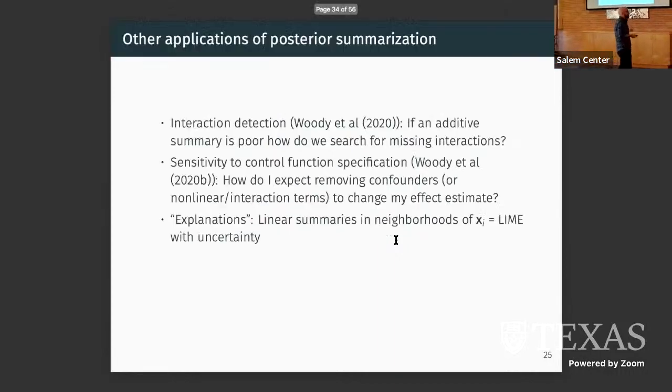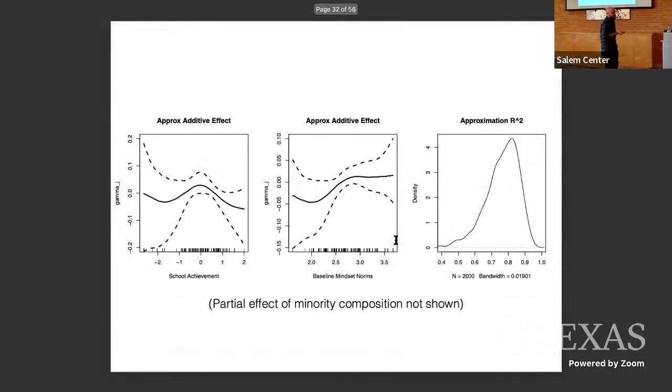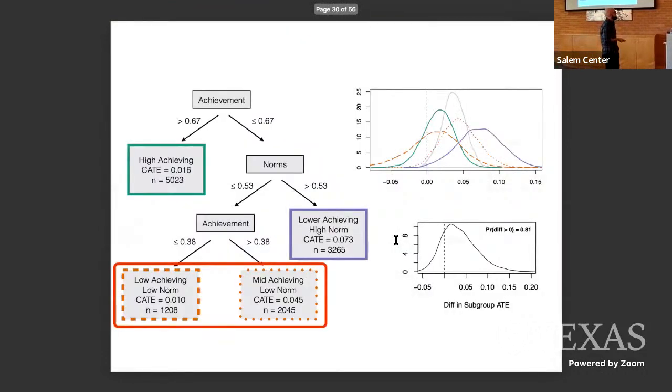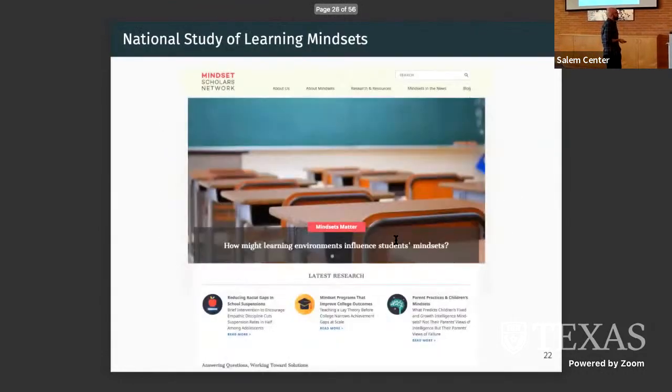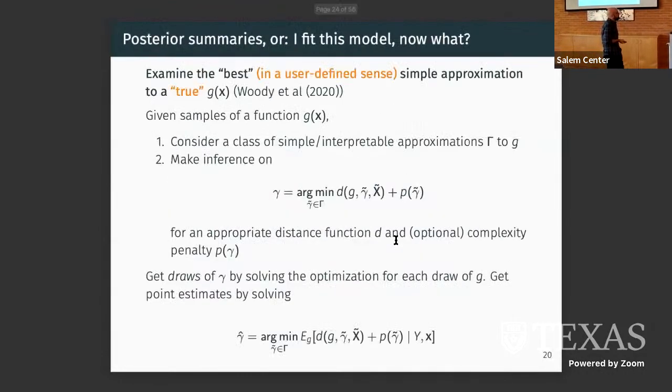I mean, so maybe. I don't do a whole lot of OLS, except when I do. But yeah, certainly, if my discrepancy here was just the distance between a linear model and my complicated fit, oftentimes you're going to get back a linear summary that looks like the OLS coefficients.